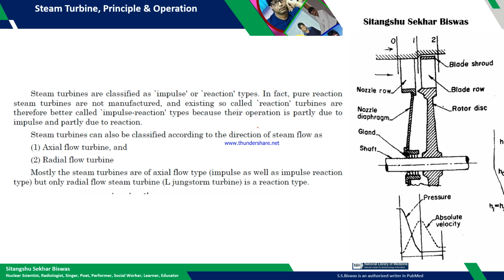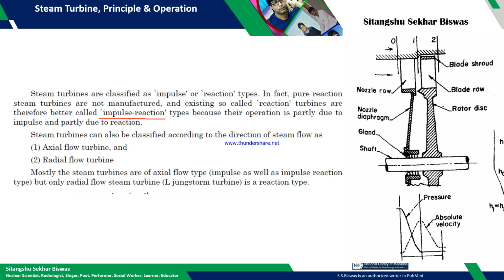So that's why the steam turbines which are used in thermal or nuclear power plants are called impulse reaction type turbines. So as I was telling, this is the nozzle or the fixed blade, and this is the moving blade.